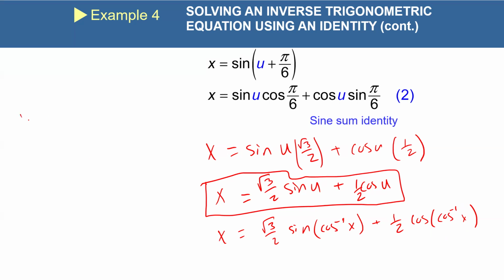So we're going to come down to x equals square root of 3 over 2 sine cosine inverse of x plus 1/2 x, because those two canceled.